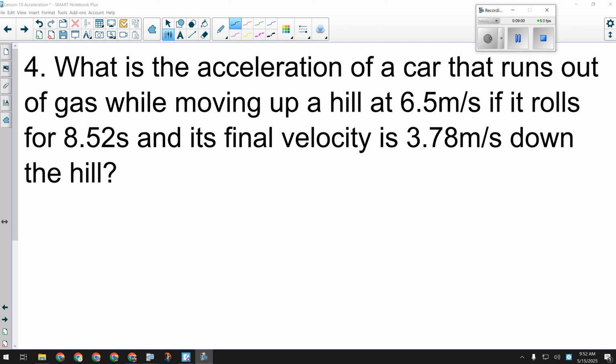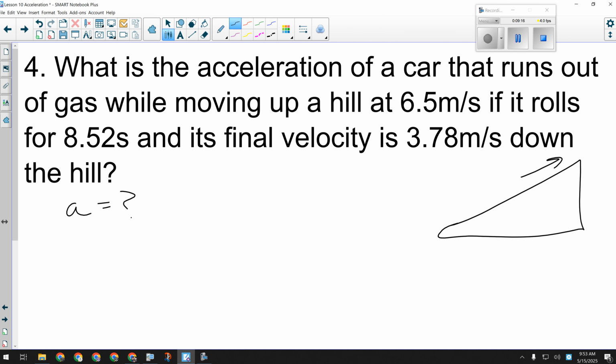You're solving for A. But the context is tricky, and that's what we have to be aware of. So we're looking for the acceleration. It says it runs out of gas while moving up the hill at 6.5 meters per second. Right away, I'm going to draw a hill. I'm going to say up the hill is positive and down the hill is negative, and I'm going to write that VI is positive 6.5 meters per second.